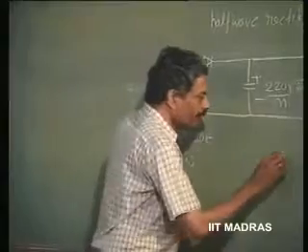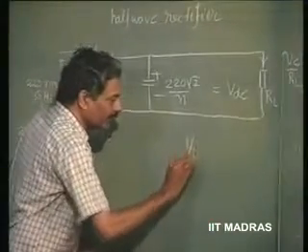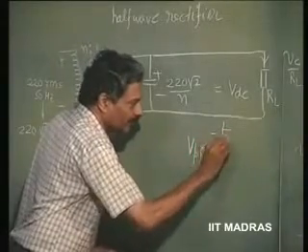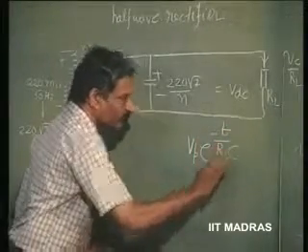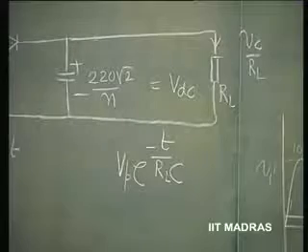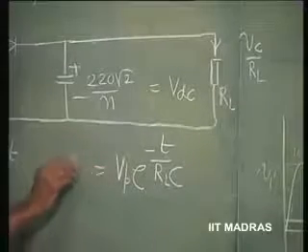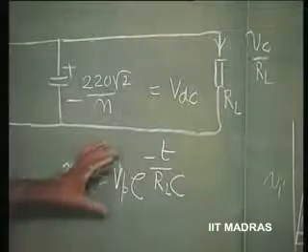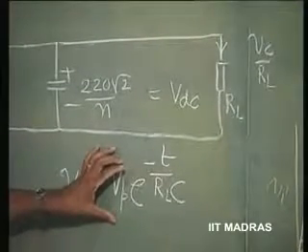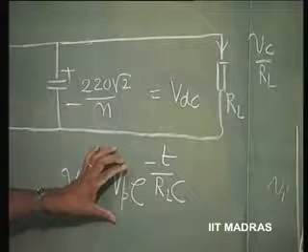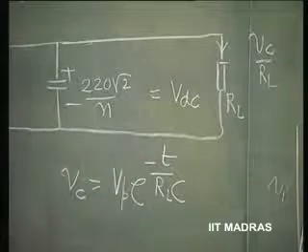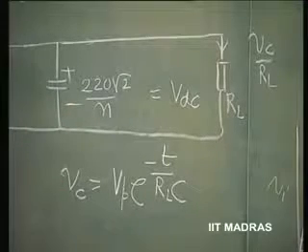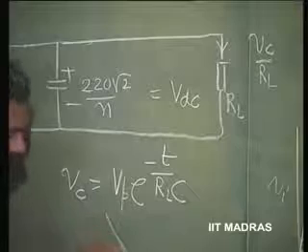So, if V is the peak voltage across the capacitor, the discharge is going to be exponential. It is related in this manner. So, this is the voltage across the capacitor at any instant of time, Vp being the peak voltage to which the capacitor was initially charged, and t equal to 0 is the time at which the discharge process starts, and then onwards the capacitor will discharge.